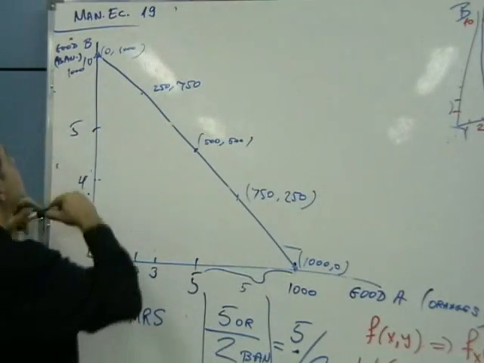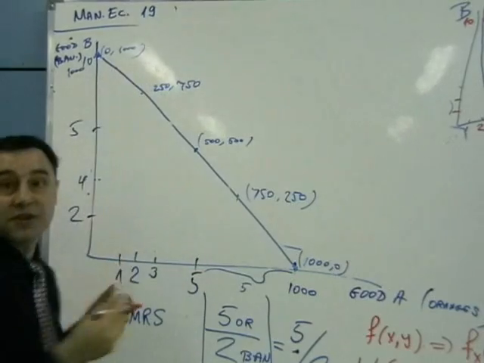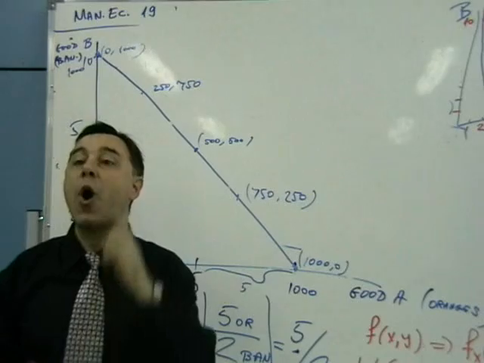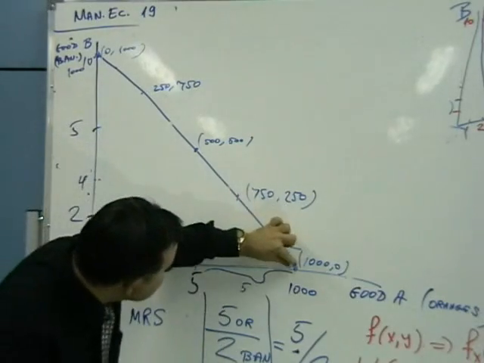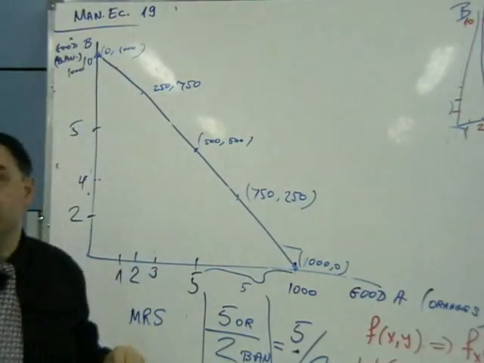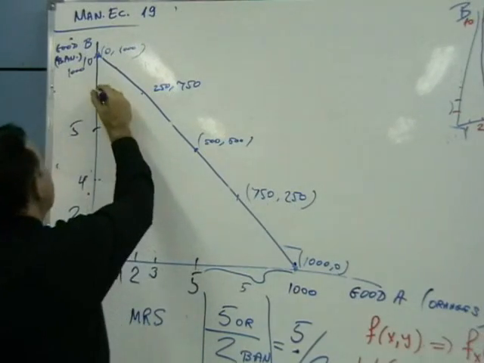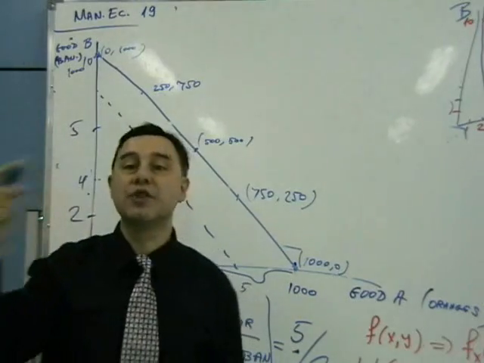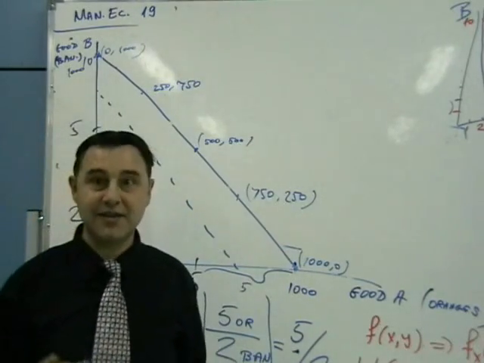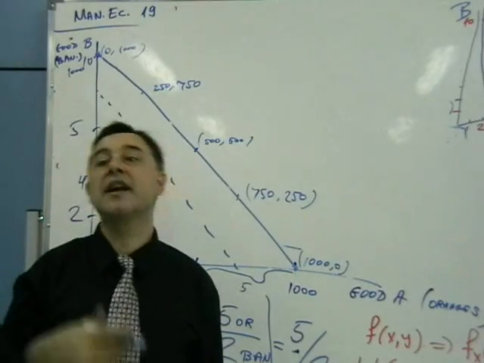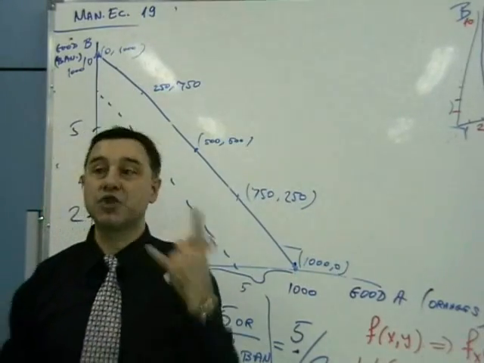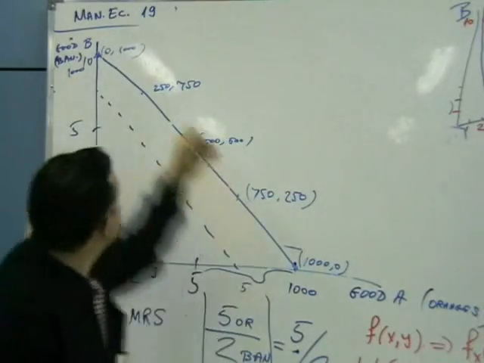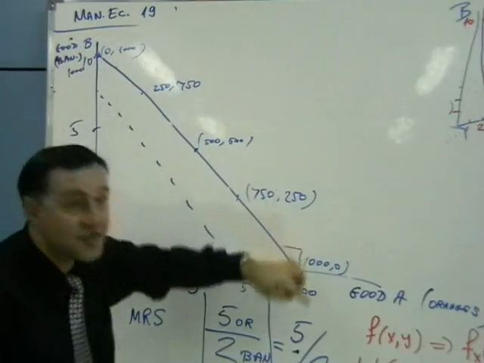I can buy this point here, it's going to be 900 versus 100, right? So if I spend all the money, I will be exactly on this line. If I save some money, I will be inside. Remember the original assumption was that I will not be saving and I will not be borrowing. So if I have two goods, I will be spending it all on those two goods, and then I will be exactly on this line.